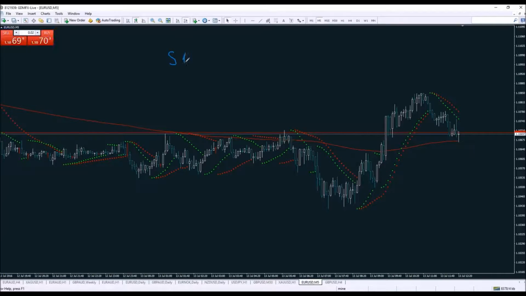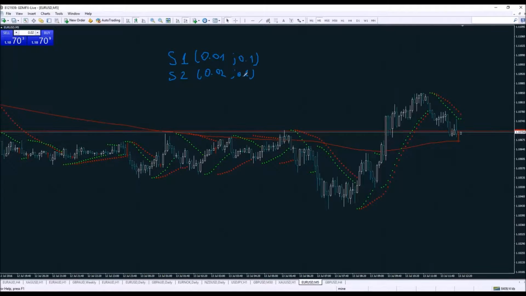So support and resistance 1 goes at 0.01 to 0.1 periods. Support and resistance 2 goes on 0.02 to 0.1 parameters. And this you can mark as fast, and of course if you want slow.